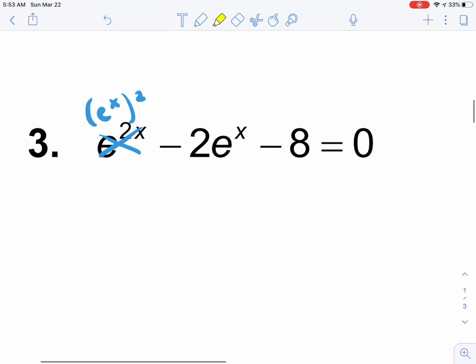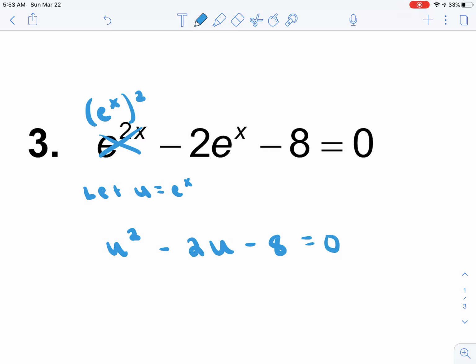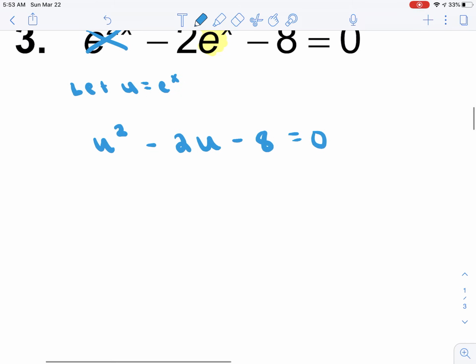So with that being said, if you want to think of this as a u substitution, we would say let u equal e to the x. And really what we're doing is thinking of this as u squared minus 2u minus 8 equaling 0. Notice I'm replacing a u with this and with this. Now, with that being said, I could go ahead and factor this.